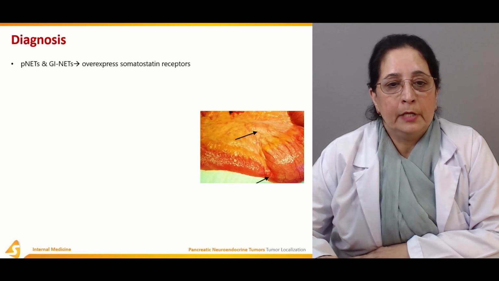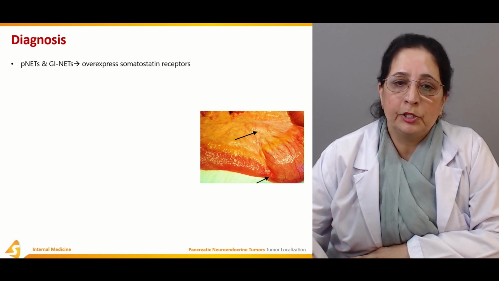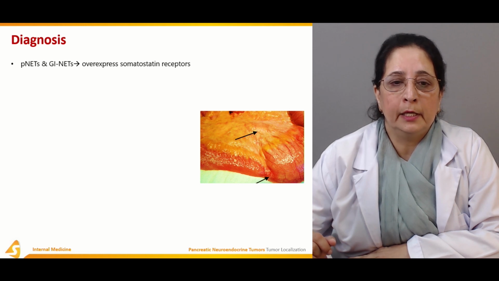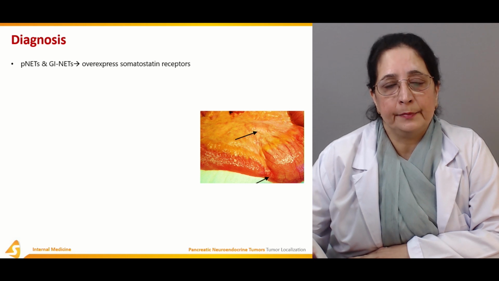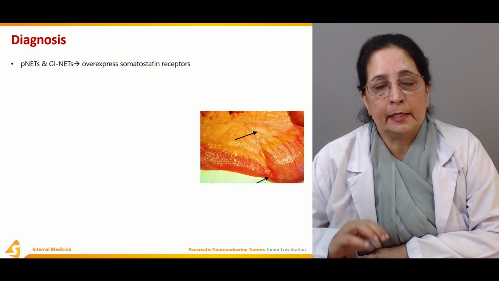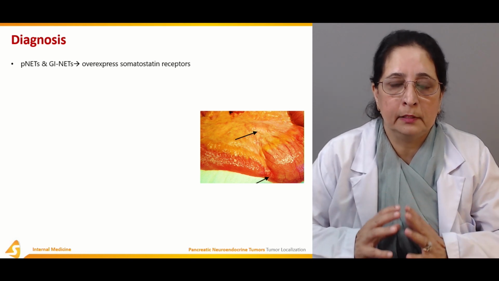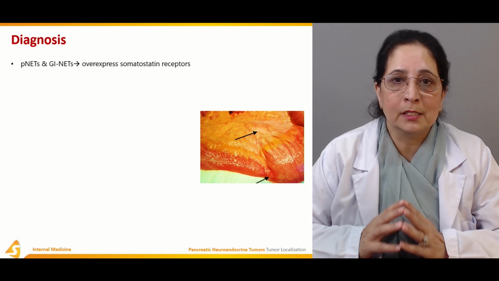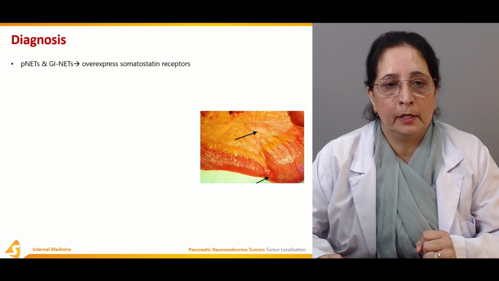Another method of diagnosis for pancreatic and gastrointestinal neuroendocrine tumors is that they overexpress the somatostatin receptors. Overexpression of the somatostatin receptors, for which we use different drugs, is also a diagnostic step for neuroendocrine tumors.